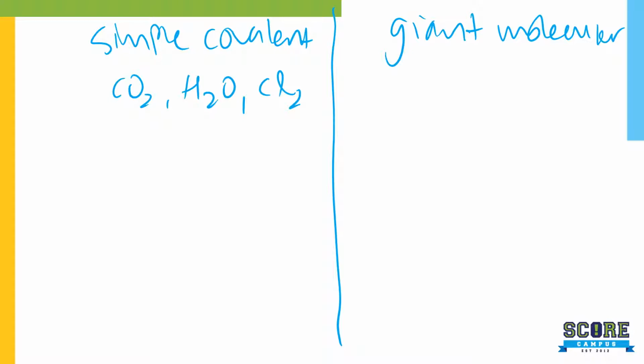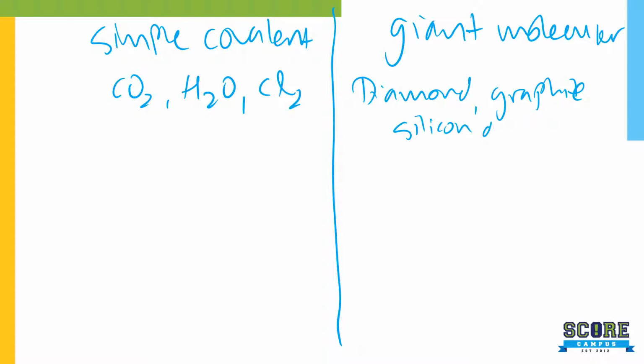Examples of giant molecular are diamond, graphite, and silicon dioxide. All these are examples of giant molecular substances.